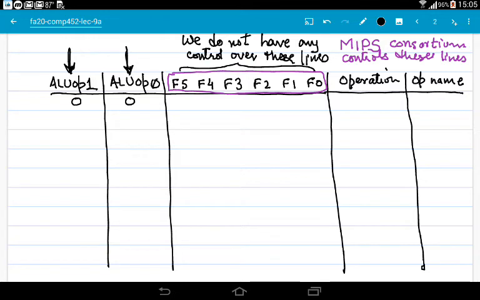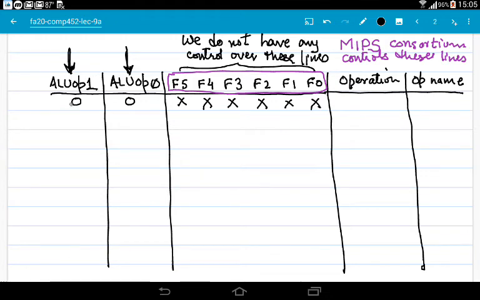Now for load word and store word, our ALU controller will not look at these 6 bits because it will know that it's not an R-type instruction.